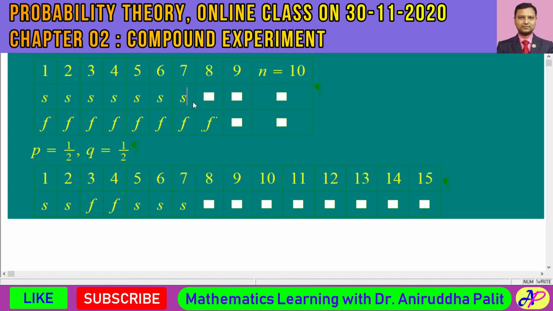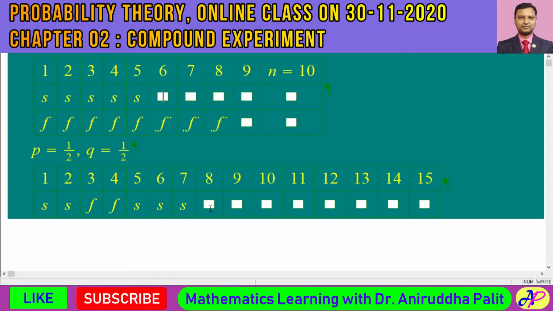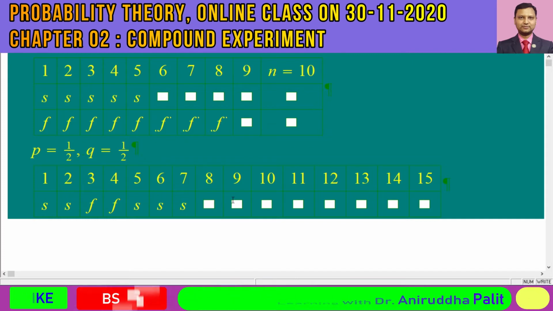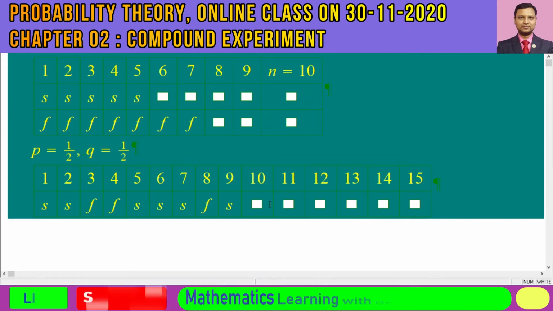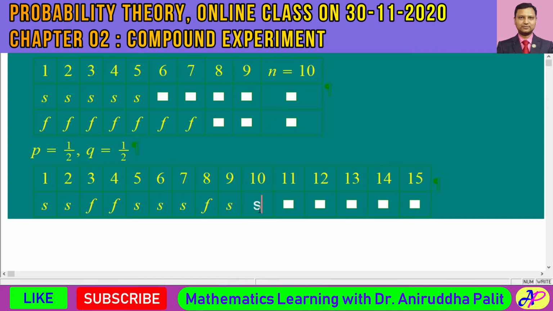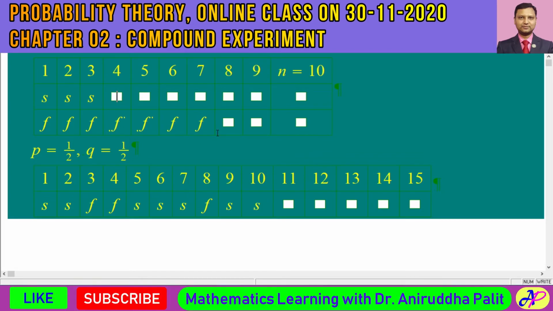That means these sticks are gone. Next, suppose he draws the second box, that means a failure should come. Then suppose he draws a success, and then once again he draws the first box, that means two sticks from the first box are already used.